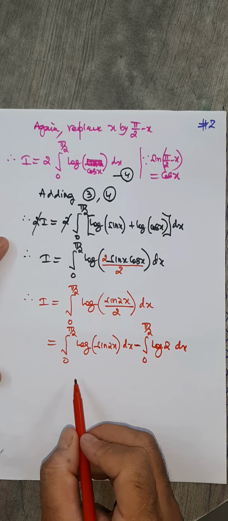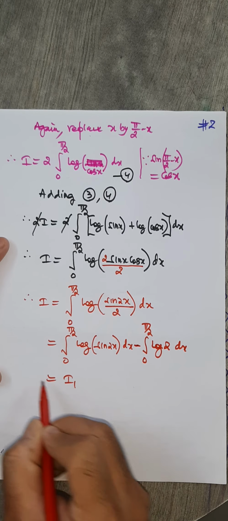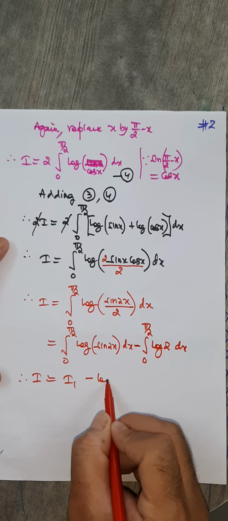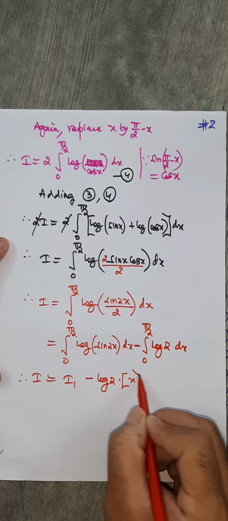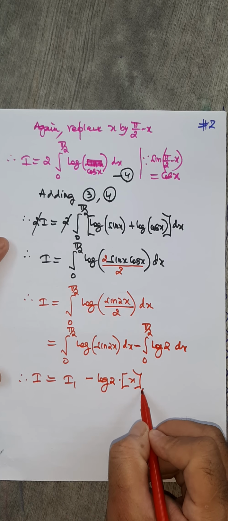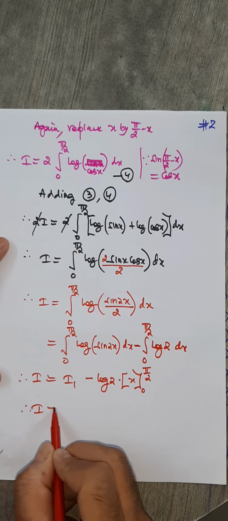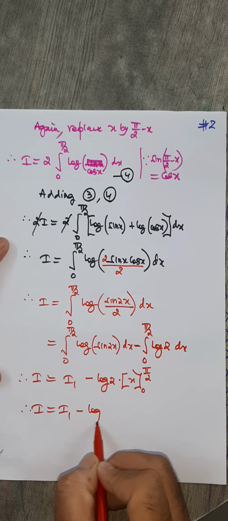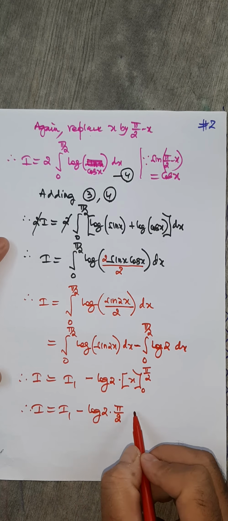Now this can be evaluated very easily. I'll call this I1. The left hand side was I, minus log 2 comes outside because it's a constant, and the integral of 1 is x from 0 to pi by 2. Therefore I equals I1 minus log 2 into pi by 2 minus 0.